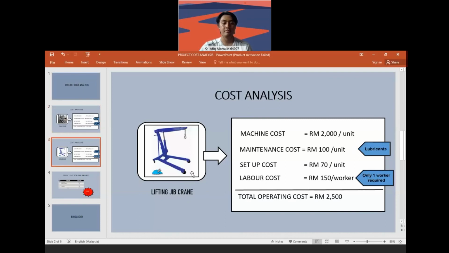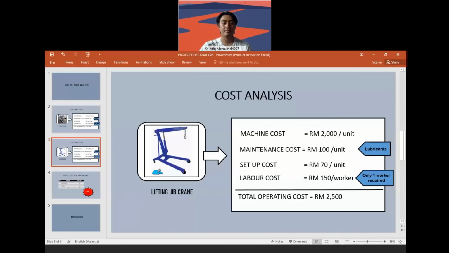And then for the lifting jeep crane, it is available at 2,000 ringgit per unit at the online store or local store. The maintenance cost is slightly lower at 100 ringgit, which includes the lubricants only. The setup cost to build the lifting jeep crane would be around 70 ringgit per unit.